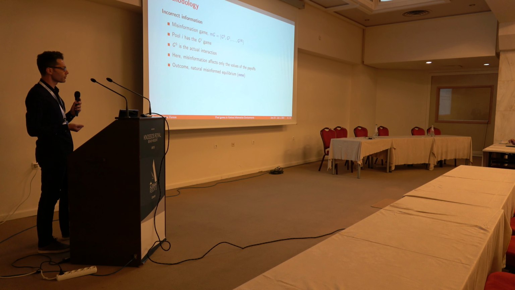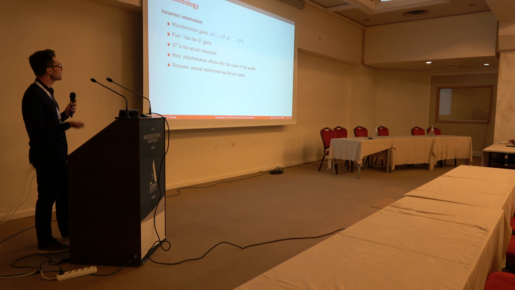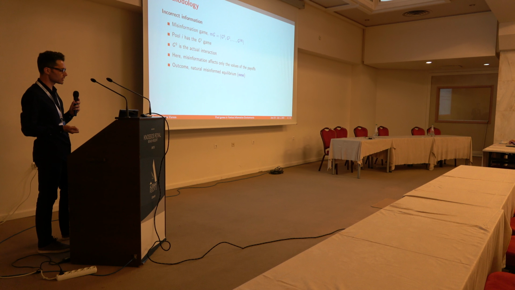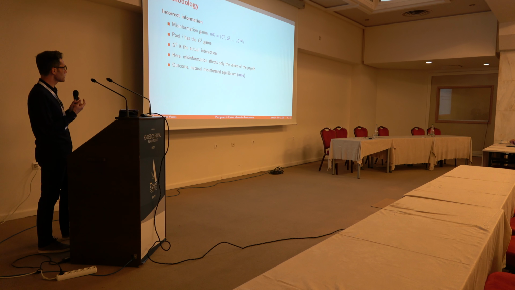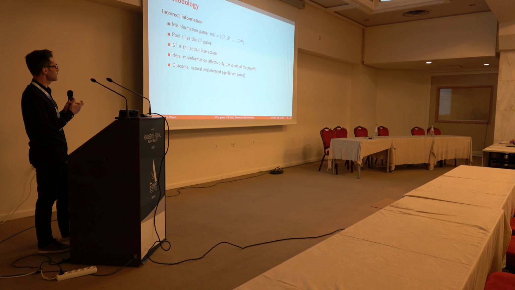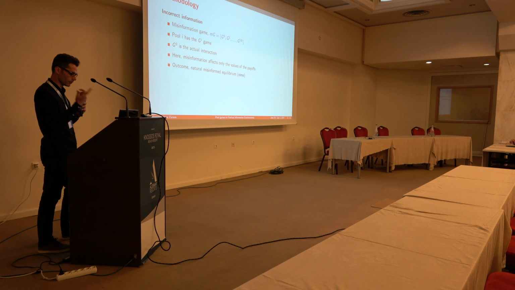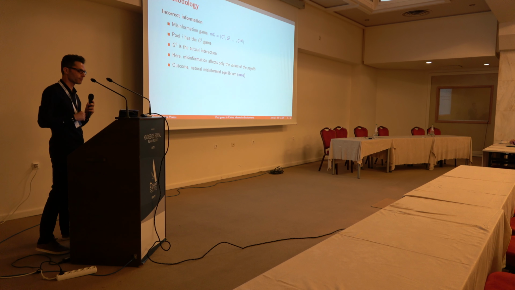In the case of incorrect information, we utilize the concept of information games, where an information game is a table of normal games. Each pool has its own subjective normal game, and the actual information of the actual interaction derives from this special normal game denoted with G0.